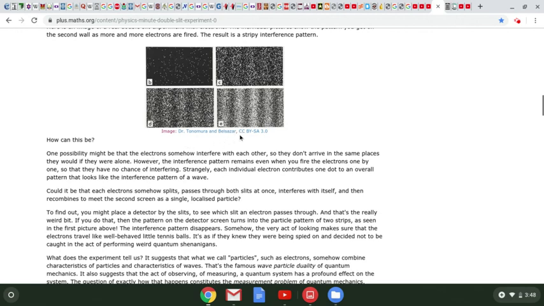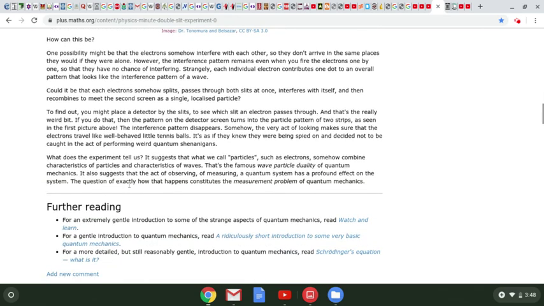One possibility might be that the electrons somehow interfere with each other so that they don't arrive in the same place they would if they were alone. However, the interference pattern remains even when you fire the electrons one by one. So what does the experiment tell us? It suggests that what we call particles, such as electrons, somehow combine characteristics of particles and characteristics of waves.